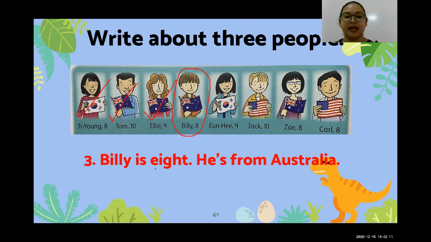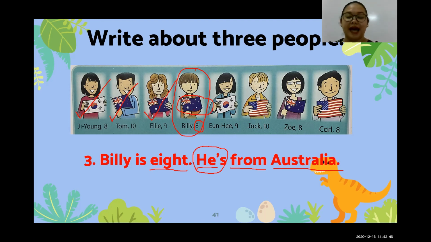Billy is 8 years old. His. We use the pronoun he because he is a boy. And then we add apostrophe S. He is from. From which country? He's from Australia. Alright, so that's how you write about these people.